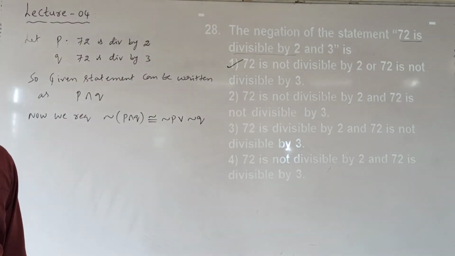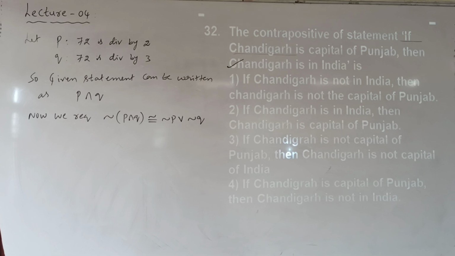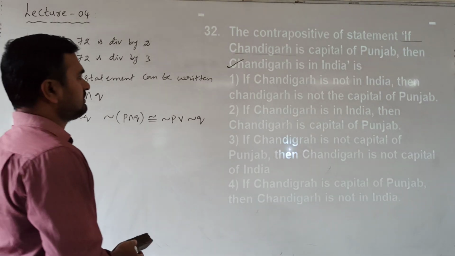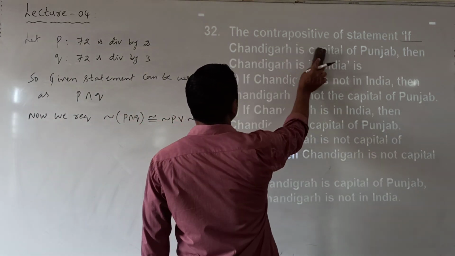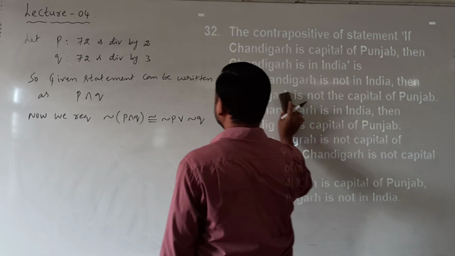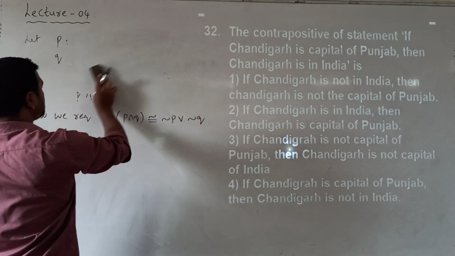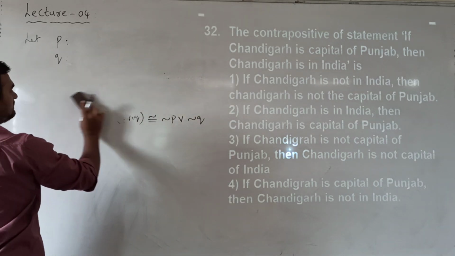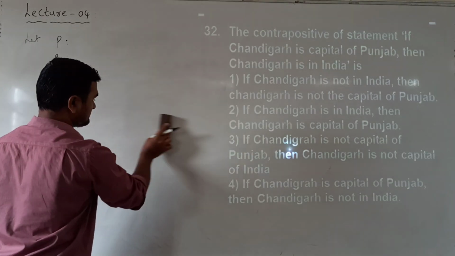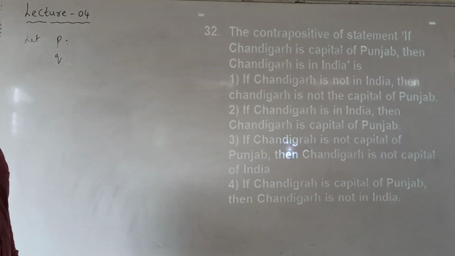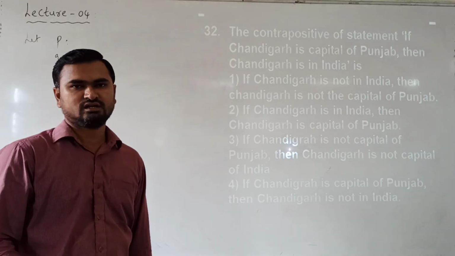This is the next question. The contrapositive of statement. So again, word statement is given. So first you have to write the word statement into mathematical form. Then only we can find what they are asking, maybe negation or contrapositive or converse or inverse.